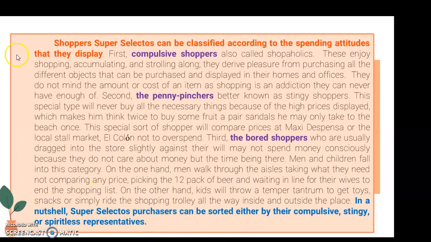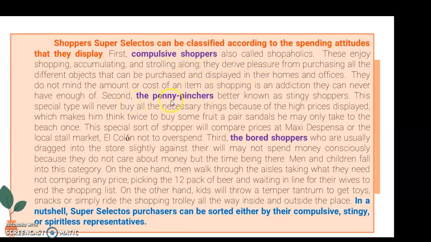As you may have seen here, you see the topic sentence has classified shoppers, the people who go to super selectos, and the classification basis is their spending attitudes. By spending attitudes, I mean we're going to talk about three different groups. The first one is compulsive shoppers, and then in the minor supporting ideas, I have explained why they are compulsively shopping all around.